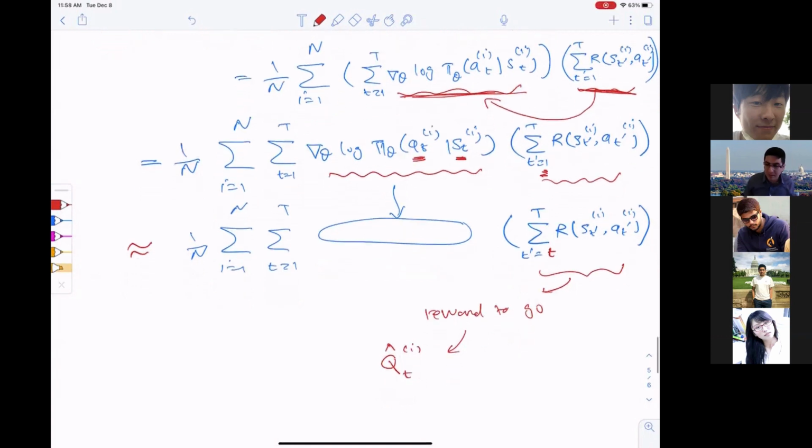So these are the two techniques, either subtracting the baseline or using reward to go instead of the total reward, in order to improve the gradient estimation when you have a finite number of samples. So that was the first issue for the policy gradient method, that the approximation we have for the gradient estimation can have high variance.